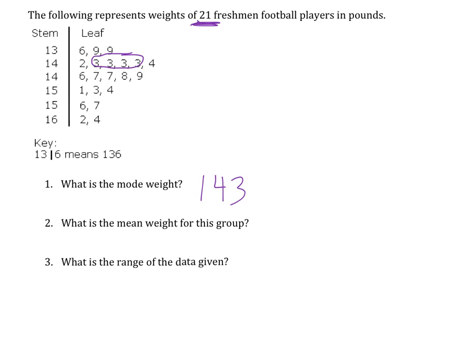So when you do that, you get the number 147.9, but I'm going to round this to 148 because they put the numbers to the nearest whole number when they gave me the information. So I'm going to round that to 148. There's my mean weight for this group.